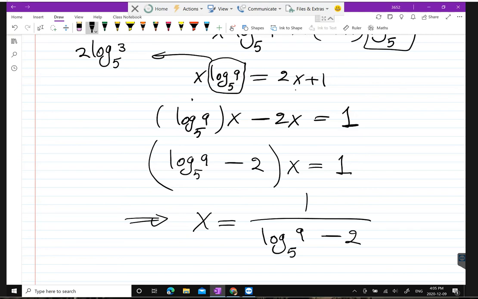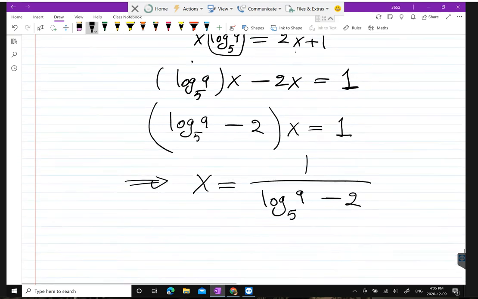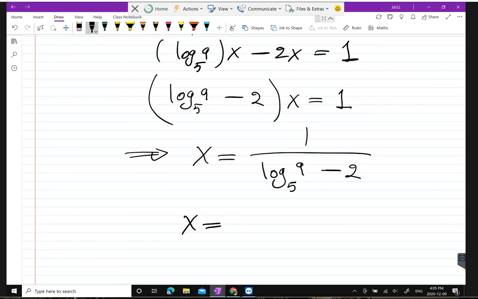This is a number. It's a perfect number, but it is not like 1, 2, 5 that is an integer and you know it, but it is a number. Since 9 is 3 to the power of 2, you can write it like 2 logarithm of 3 base 5 minus 2.